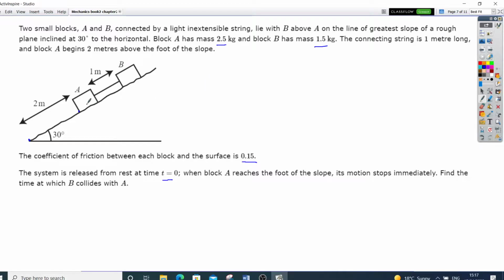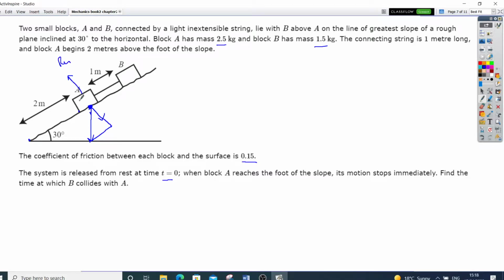Right. Well, before we do SUVAT, let's just combine this as a particle. This will come down, the combination, coming that way, and that's the contact force here.